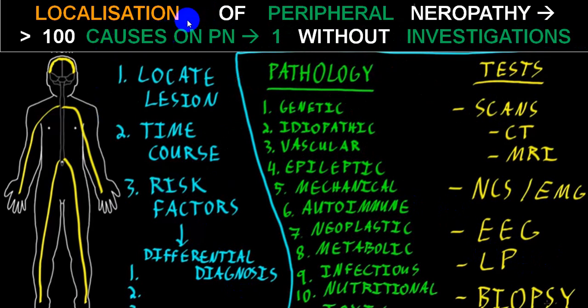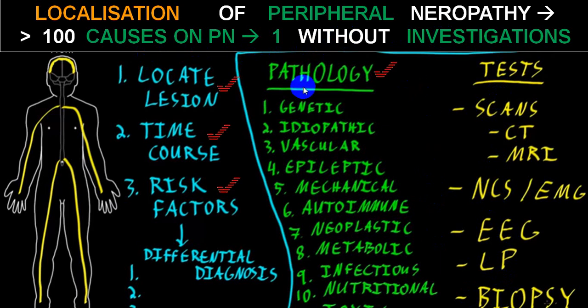Localization of peripheral neuropathy is very difficult because there are more than 100 causes of peripheral neuropathy, and without any investigation it is difficult to identify.